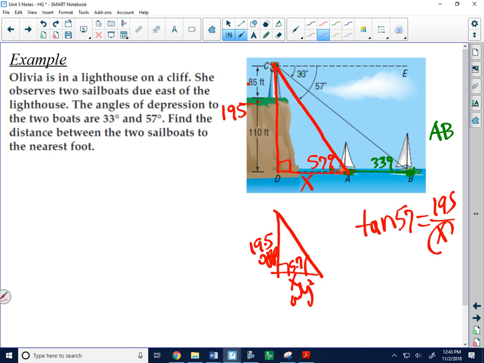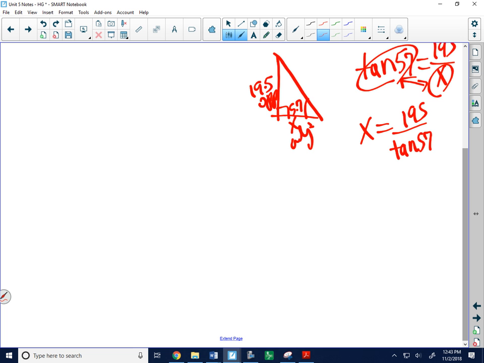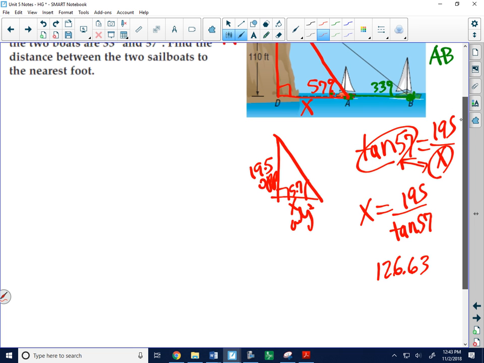I'll do the old switcheroo: the variable down low, switcheroo. So x is going to be 195 over tangent 57. I got that? 126.6. Okay, so that is D to A.